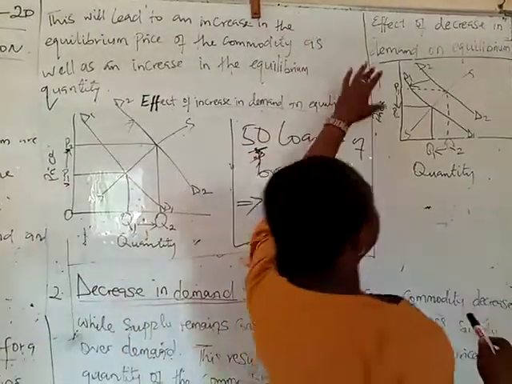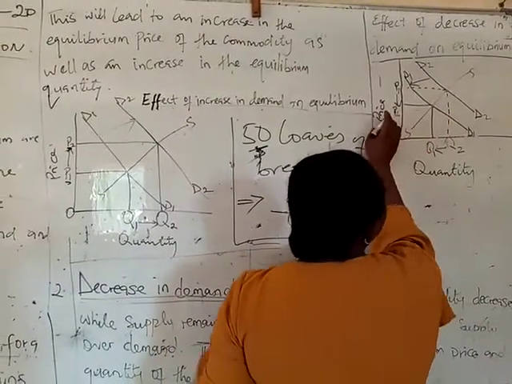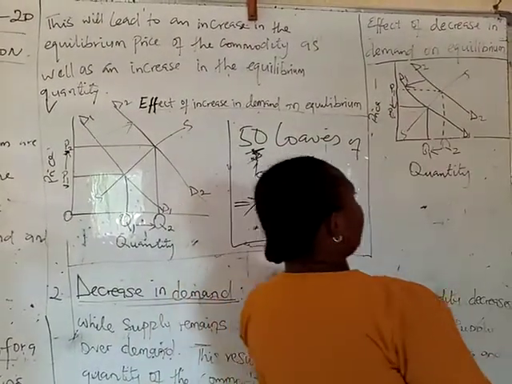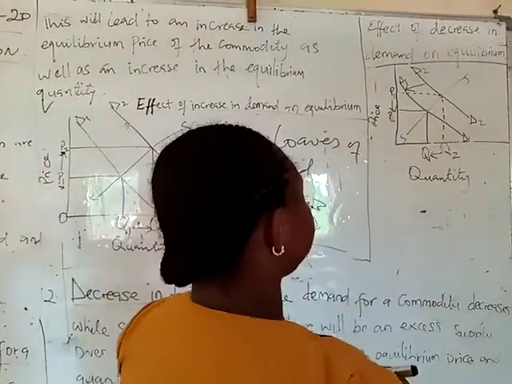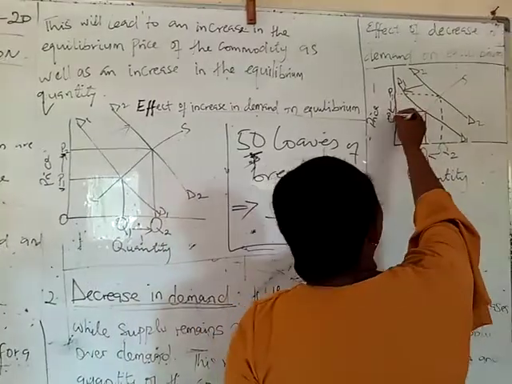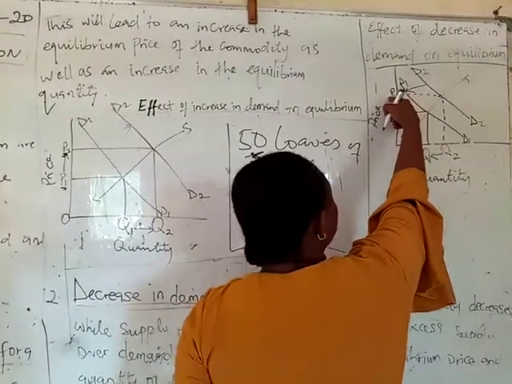So look at what happened here. If you look at the graph, like I said previously, this side represents price, P is used to represent price, while Q is used to represent quantity. You find that the price will reduce.